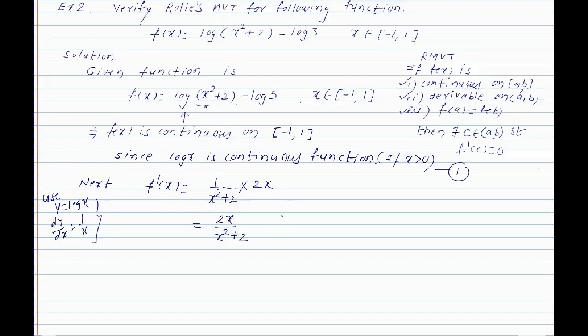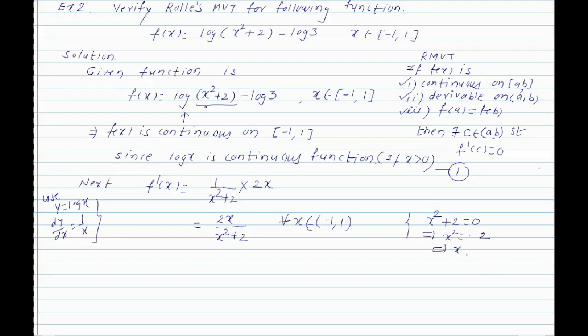And this derivative exists for all x in open interval minus 1 to 1. Note that this derivative does not exist if denominator x square plus 2 is 0. So it implies that x square is minus 2.